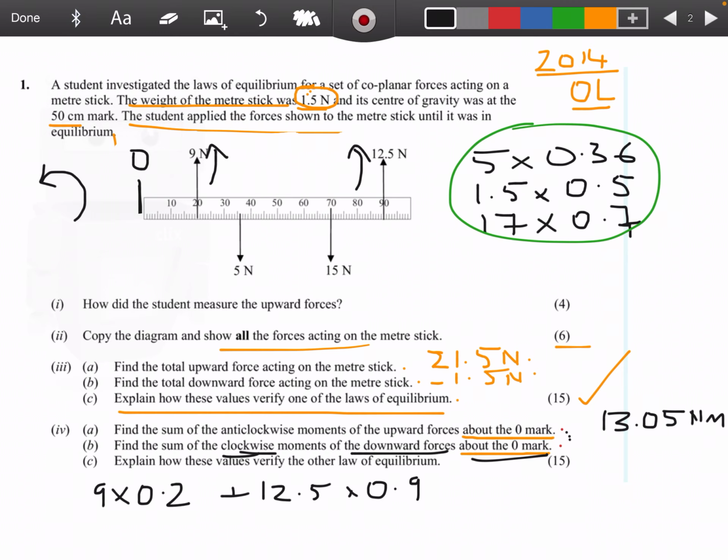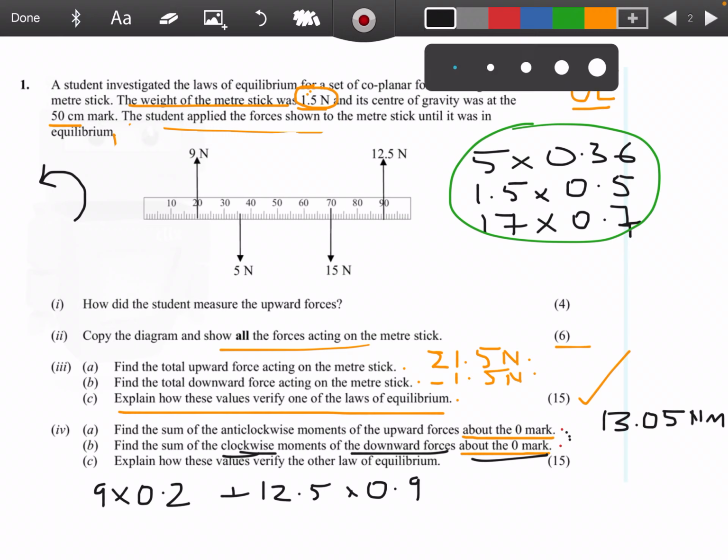Now, at higher level, you will be asked to do that a little bit differently. In ordinary level, they do it at the 0 mark, which is nice and straightforward, because you're going up and you're going down and they're clockwise, anti-clockwise, that's fine. You might be asked at the 50 centimetre mark or at the 80 centimetre mark, for example.